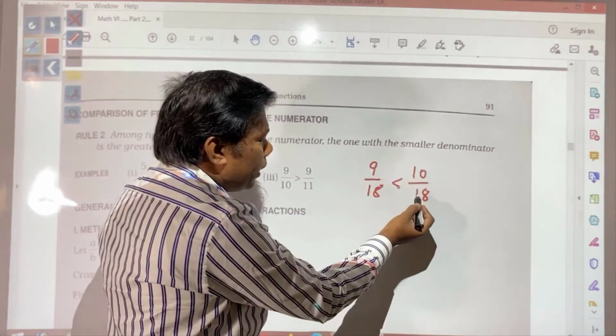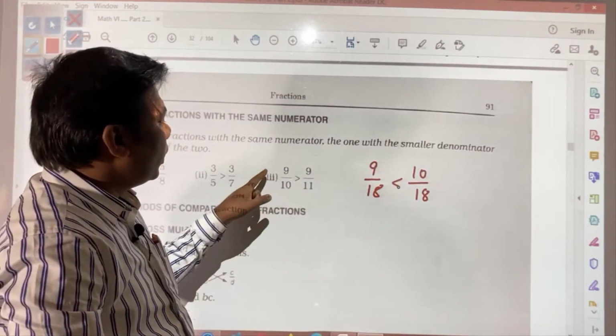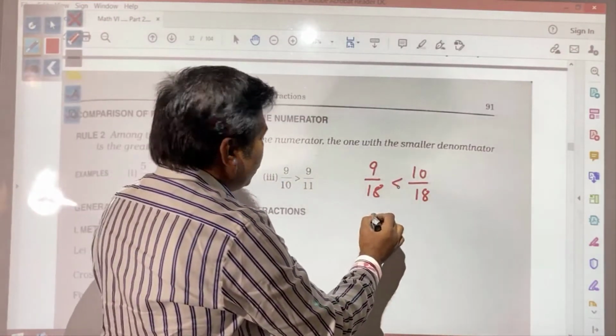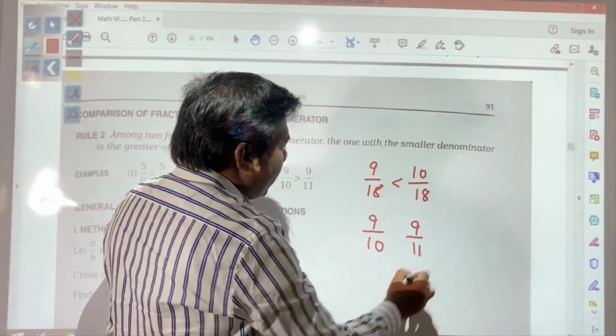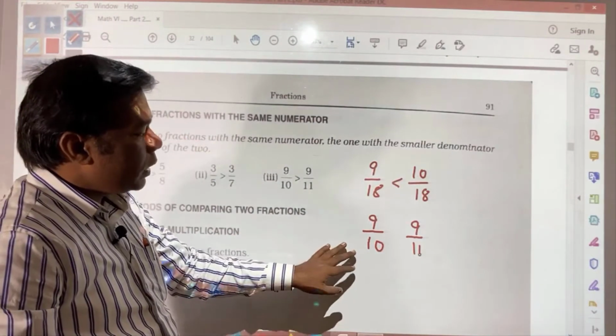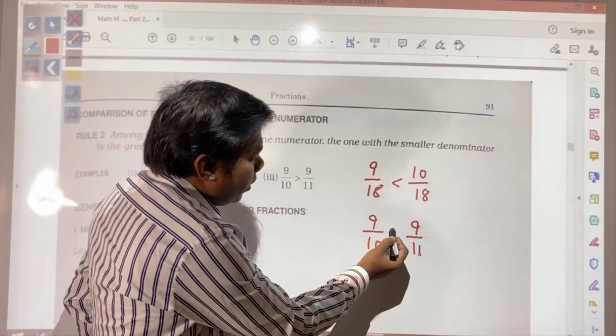But in case both the numerators are equal, suppose you have 9 by 10 and 9 by 11, in this case just the opposite thing will happen. The smaller denominator will be greater.